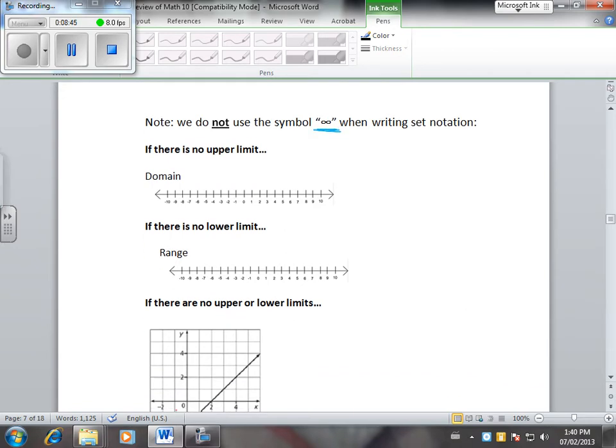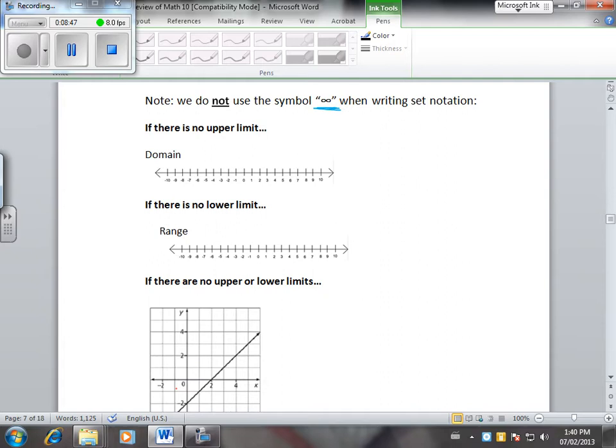Now, if there is no upper limit, we read what it says, and so if I gave you a set notation of x such that x is greater than or equal to -3, and x is all real numbers, what would we do? First of all, this sign here tells me that it's inclusive, which means that I will put a, what kind of dot?